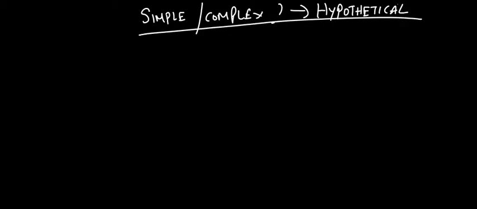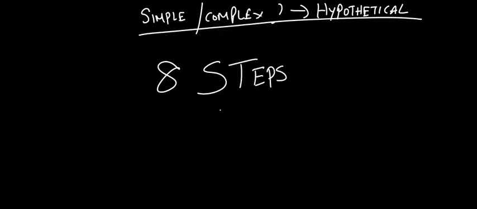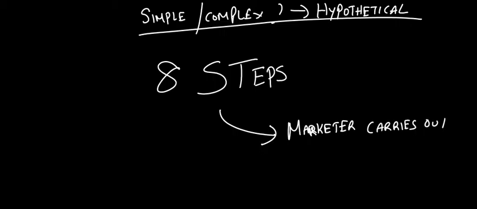But anyway, what is common is that marketing research has 8 steps which a marketer carries out. What are those 8 different steps? Let us list it right now. The 8 steps of marketing research.